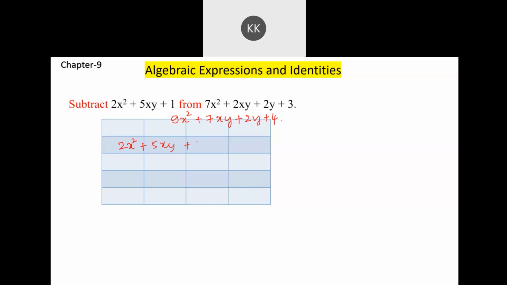When the number of terms is more, then there is a problem. If the number of terms is less, you can solve easily. Here one of the terms is left out, that is 2y. So 2y plus 4 plus 7xy plus 9x square. We can shuffle the terms. We can write 2y before 4. There is no problem in that.